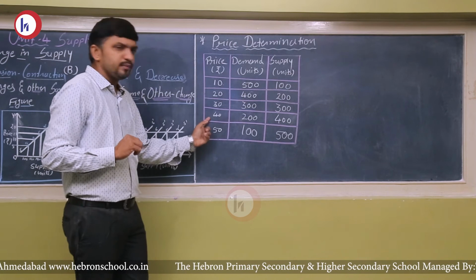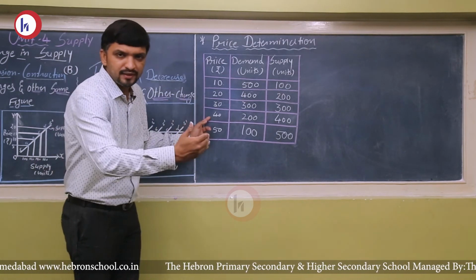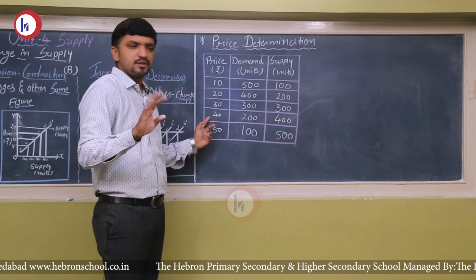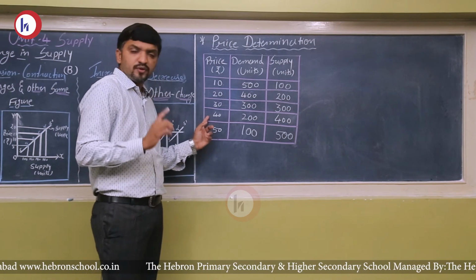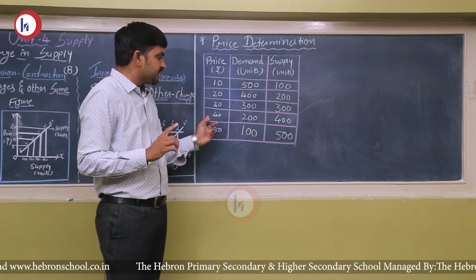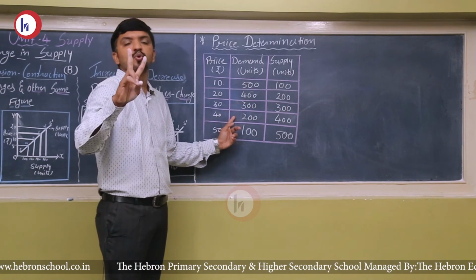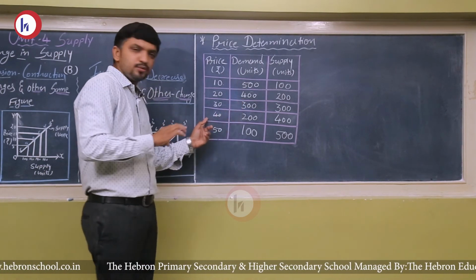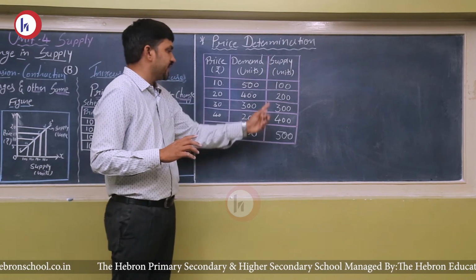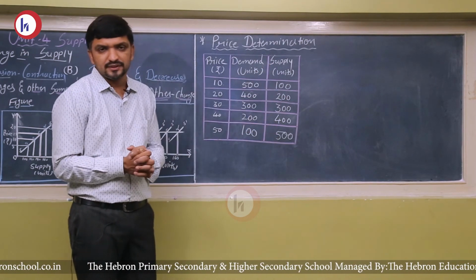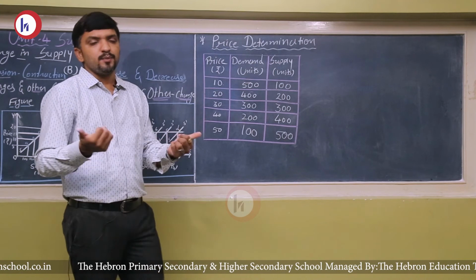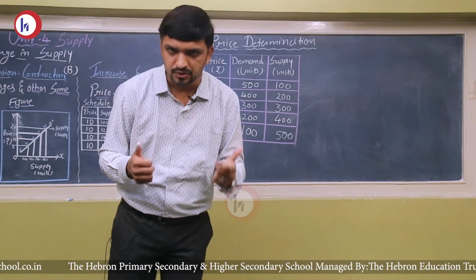In the fourth combination, third I have skipped, when the price of the commodity is 40, the demand has reduced from 500 to 400 to 300 to 200. And with a good price, the producer is ready to supply 400 units. Again, demand and supply do not match.